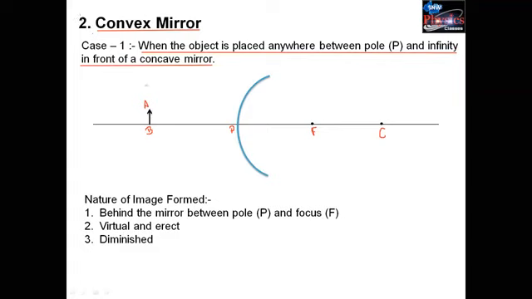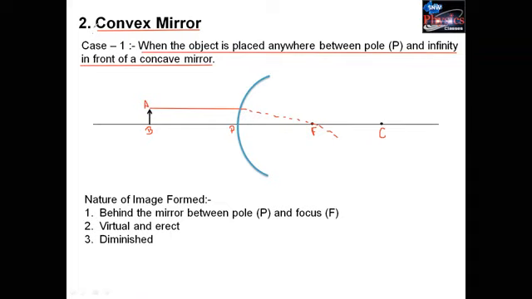Now let us see what the rule is saying. The rule is saying that when the rays go parallel to the principal axis, then after reflection, it will appear to go or pass through the principal focus. Use scale because this time I'm not having the scale.